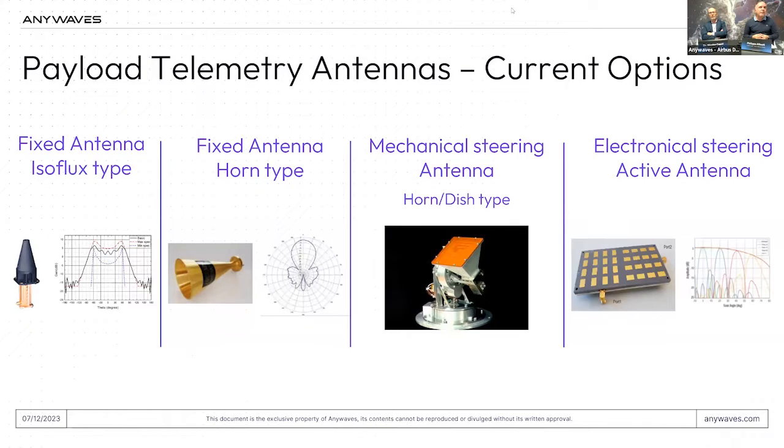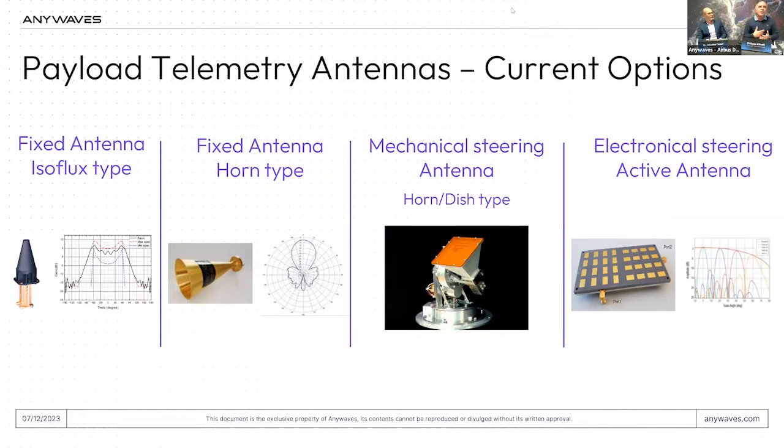That's why we have a very big interest in electronic active antennas. This is not a new solution, but with technology improvement, it is a very interesting solution because we can cover a coverage almost similar to the isoflux I showed you at the beginning, but with higher gain because it is a beam you are steering, and without the drawback of micro vibration.